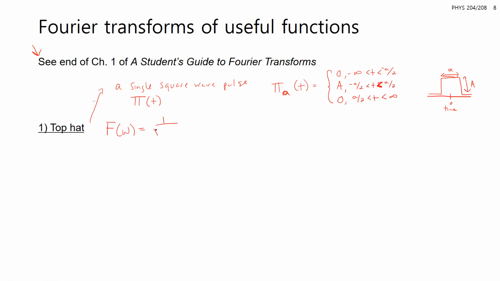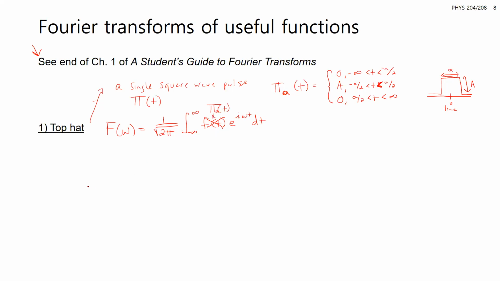It's going to be 1 over the square root of 2 pi times the integral from negative infinity to infinity of our signal in time, e to the i omega t dt. We're going to apply this where we plug in for f of t our top hat function here, so I'm going to cross this out and write our top hat is what we're going to use here.